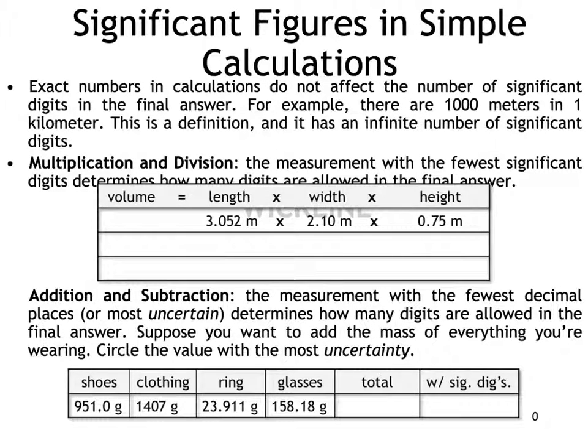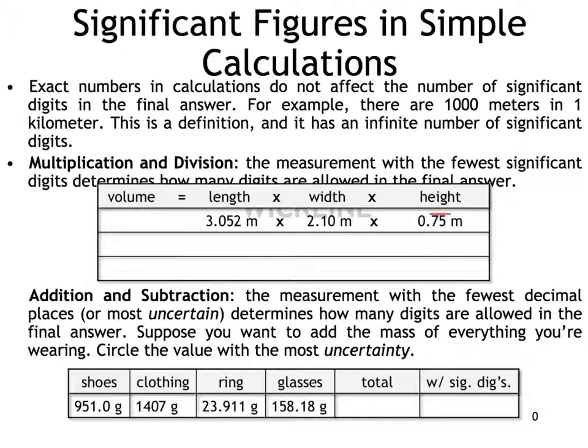You need to find a raw answer, but you also need to figure out how many significant figures are in each one of the values that are going into the number, because whichever one of these has the fewest sig figs, that's going to be how many sig figs your answer gets to have. So in the case of this guy who has 4, and this guy who has 3, and this guy who actually only has 2 sig figs, then my answer ultimately will only get to have 2 sig figs.